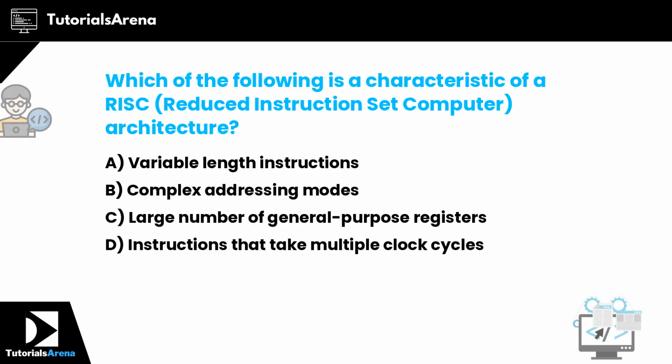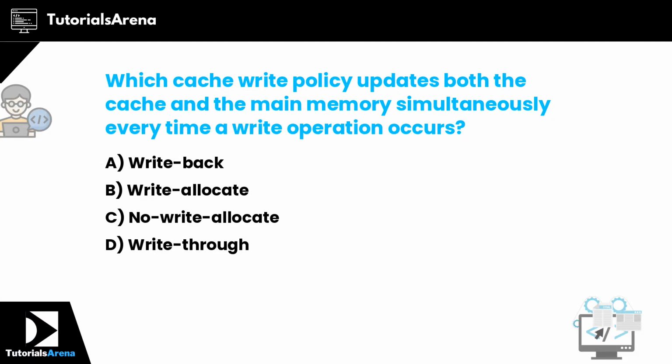Which of the following is a characteristic of a RISC, reduced instruction set computer, architecture? The correct answer is option C, large number of general-purpose registers. Which cache write policy updates both the cache and the main memory simultaneously every time a write operation occurs?